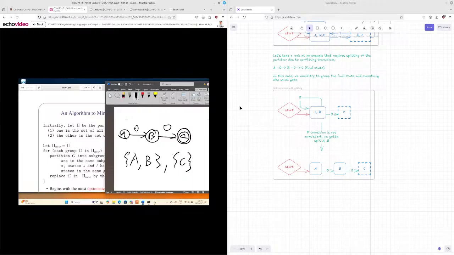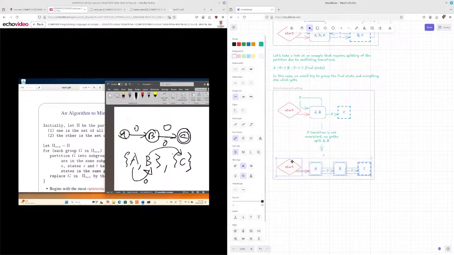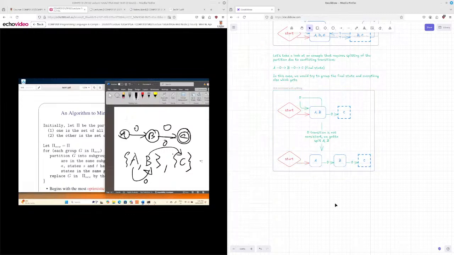If the next input is 0, from A we go to B. Now, if the next input is 0 and we happen to be at B, as you can see, we go to C. So that means initially we grouped these 2 together, but they really shouldn't be together. Because if the next input is 0, one stays in the same partition, and the other wants to move to a different partition.